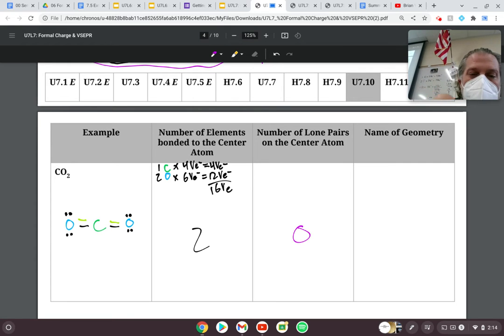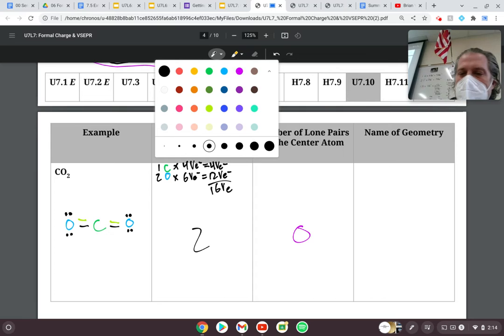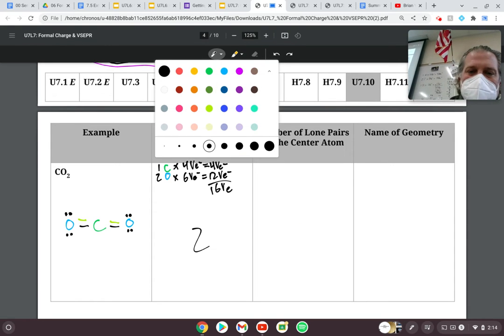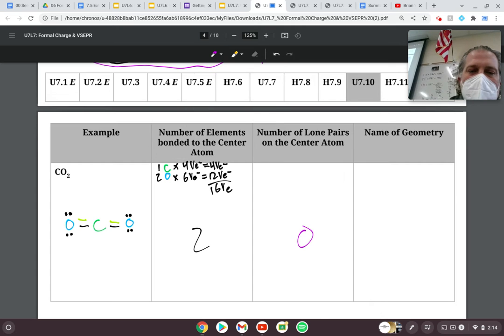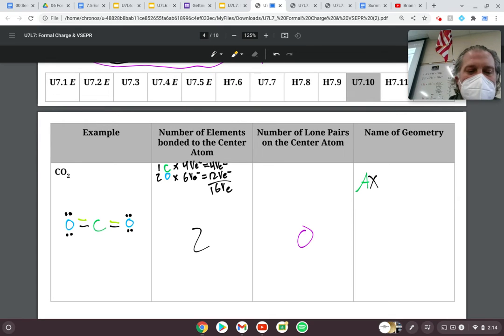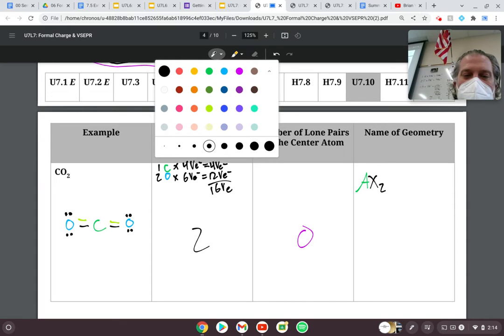So this structure happens to be referred to as an AX2, and that's it. There could be an E0, but I don't think I'm going to do that. Now, this structure has a very specific shape name that we call linear.